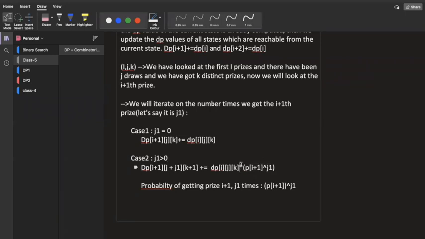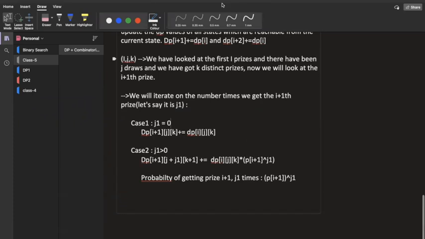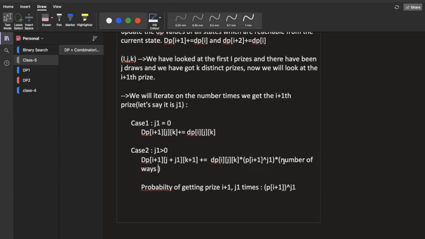I admit that I have taken into consideration all the possible combinations of the prizes of the first I kinds, but I haven't taken into consideration all the combinations of the prizes of type I plus 1. So that is one thing which is missing. So I need to multiply it with the number of ways to choose j1 draws out of j plus j1 draws, in which I get prize I plus 1.